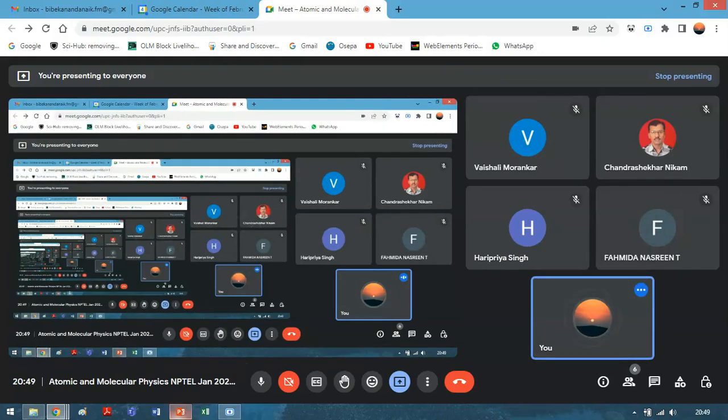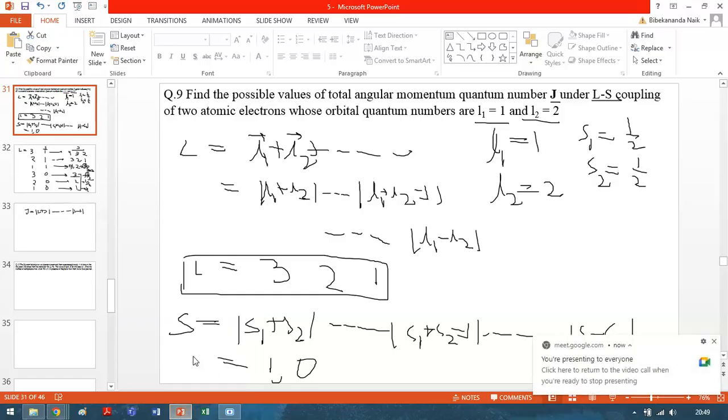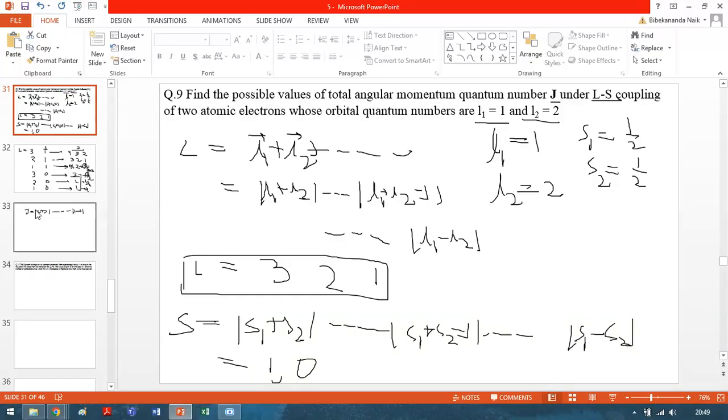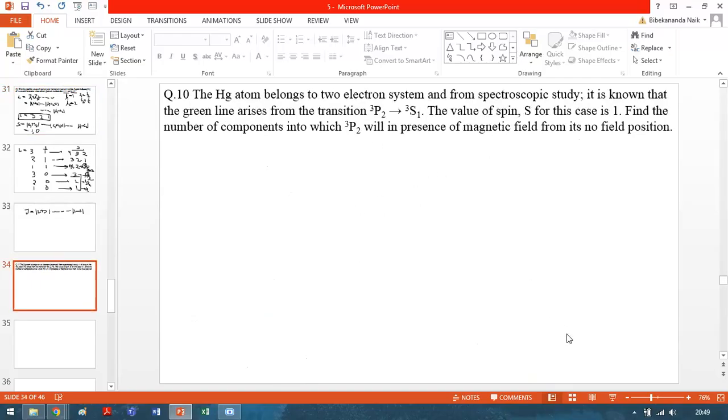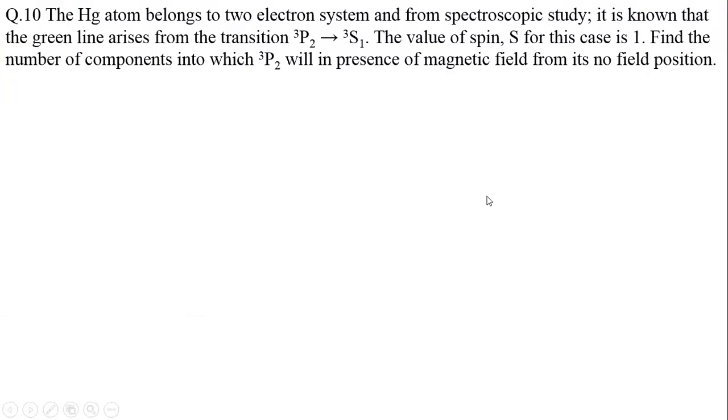So we will take one more question. We have 10 minutes left. The question is, the mercury atom belongs to the two electron system, and from spectroscopic study it is known that the green line arises from the transition of 3p2 to 3s1.